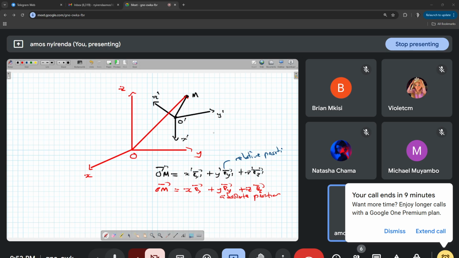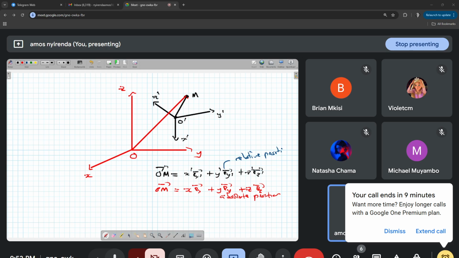So you can see that the movement of M in this reference frame X prime, Y prime, Z prime is relative. Then the movement of M in the red reference frame, X, Y, Z, is absolute.